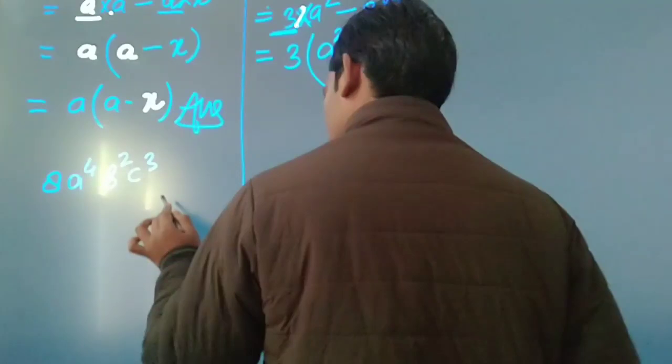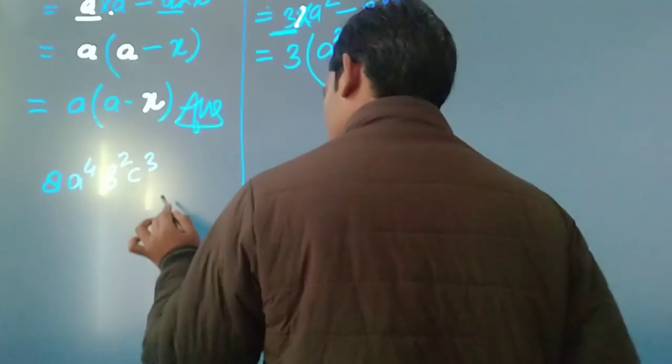Now in this expression we have to examine which quantity is common in both terms. So here we can see that a pair of 2 is common, so we write 2 into 2. Clear? And a square is common, so write a square as a common quantity.